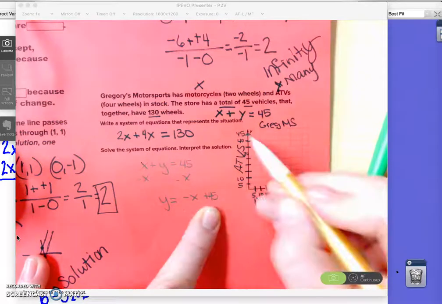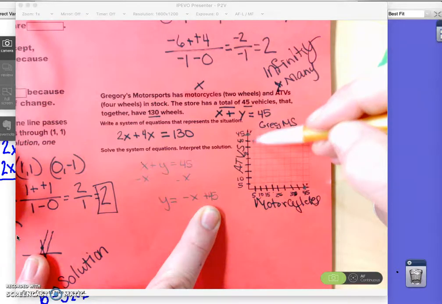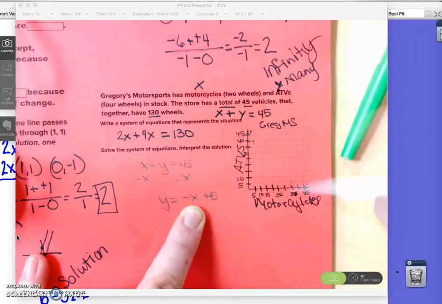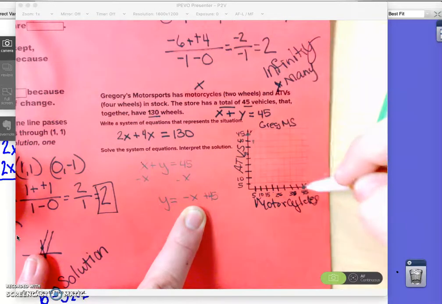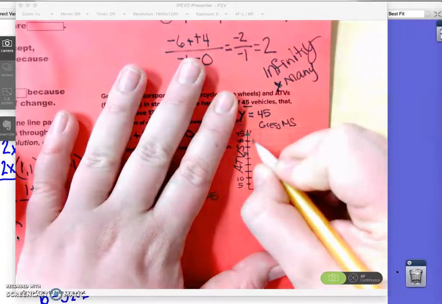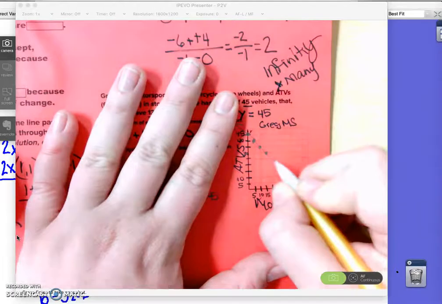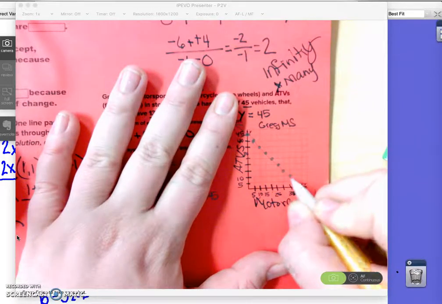So I start at that 45 here, and I go down 1 over 1, down 1 over 1, because I have a negative slope. If I go down 1 over 1, down 1 over 1, it's going to get me to this point here. And now I have a line. And I do like to see that these are all points on this line.